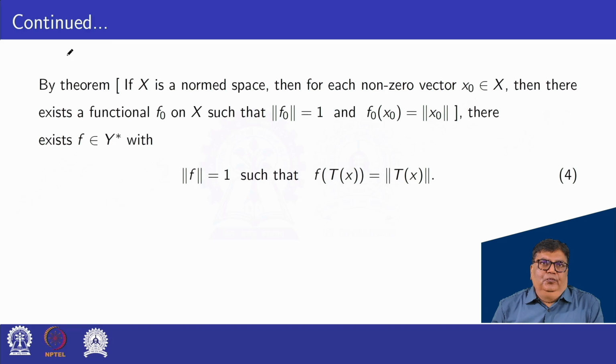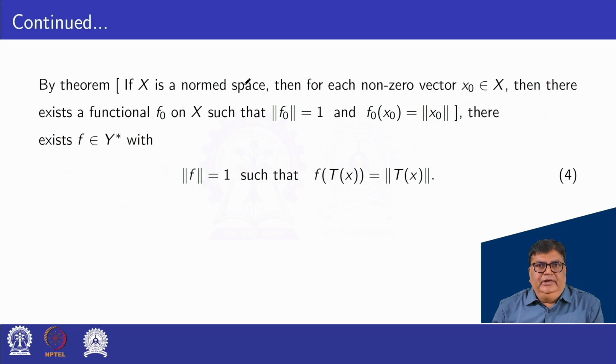Now we have one result. If X is a normed space, then for each non-zero vector x0 belonging to X, there exists a functional f0 on X such that norm f0 is equal to 1 and f0 of x0 is equal to norm of x0.